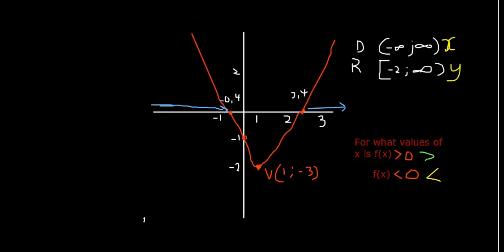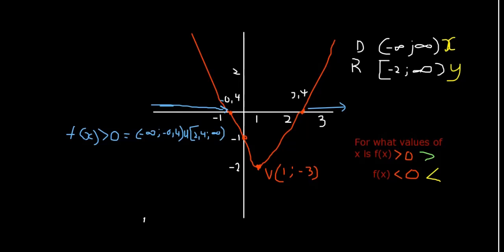So when they ask you for what values of x is y going to be greater than 0, this is the answer: f at x greater than 0 from negative infinity to negative 0,4. Then you put a union sign here, from 2,4 up to positive infinity.